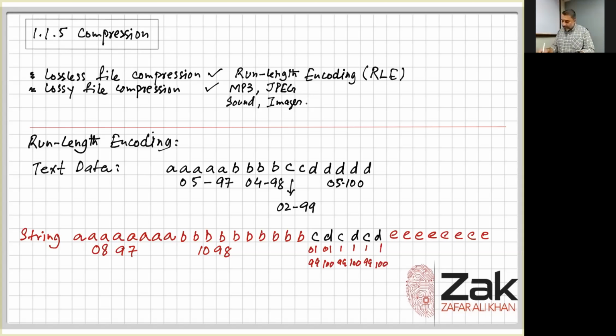And then we have 8 times 101. Remember these 97, 98, and 99, and 100, 101, these are ASCII codes.